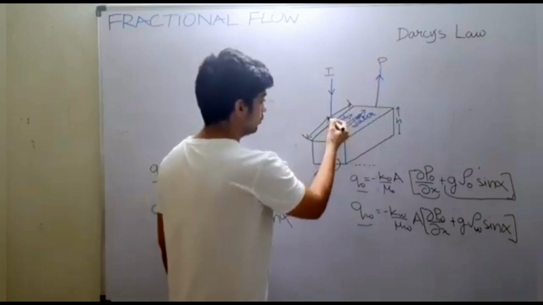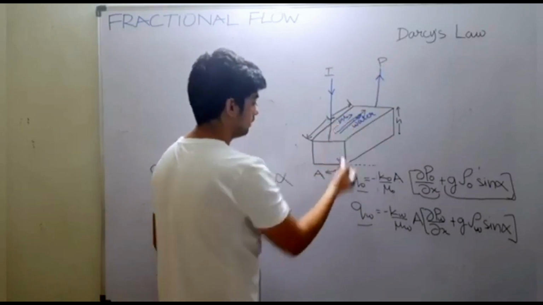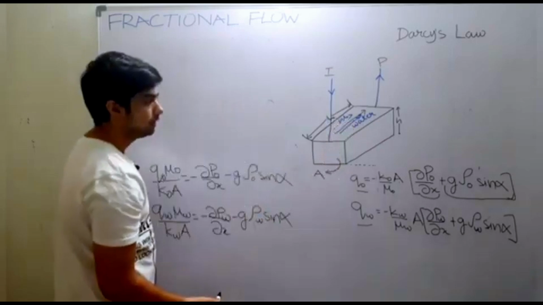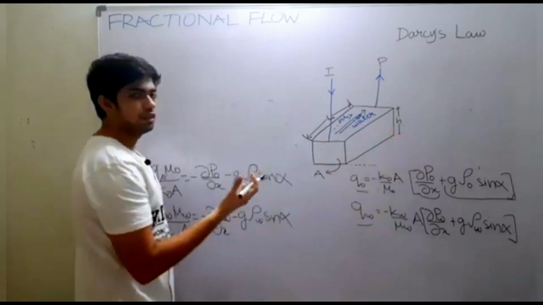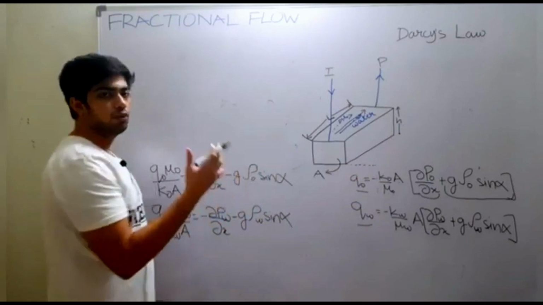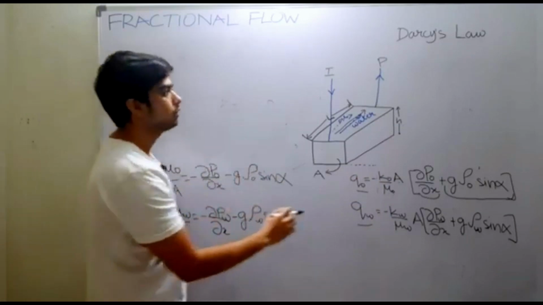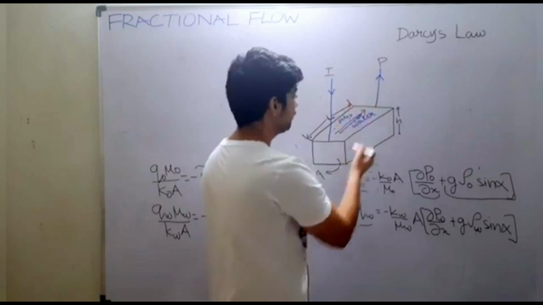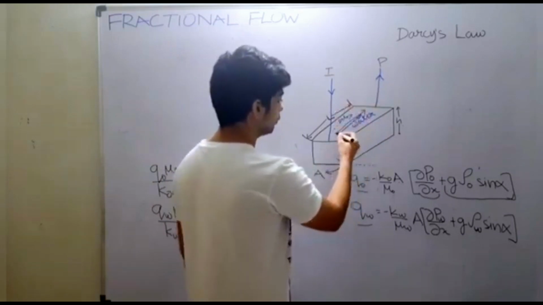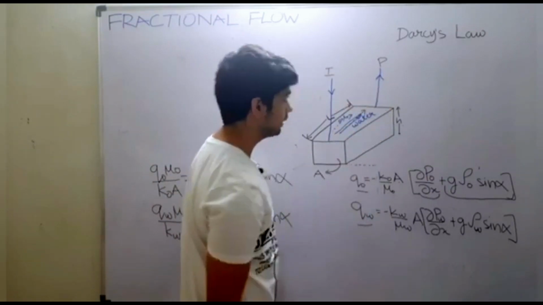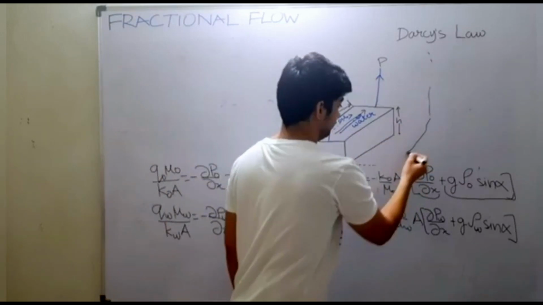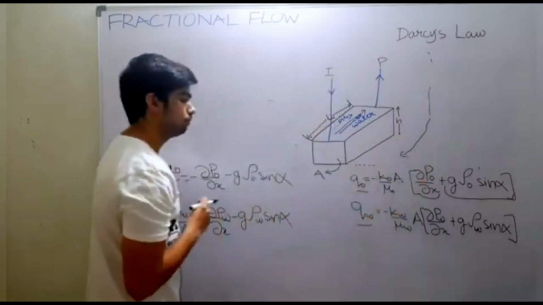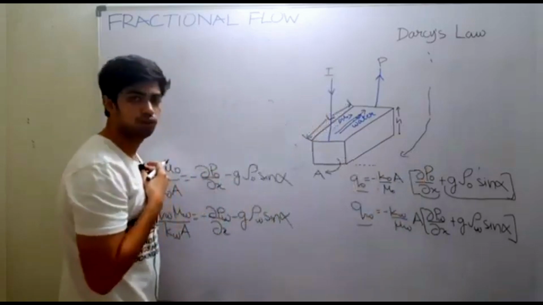L is the length of the reservoir, A is the cross-sectional area, and H is the thickness of the reservoir. The reservoir is a porous media, and the flow of any fluid in porous media is well defined by Darcy's law equation. So once you inject, the water will displace oil, and both of them will flow in this direction. So with the help of Darcy's law, I hope we have completed the introduction of fluid flow through porous media.